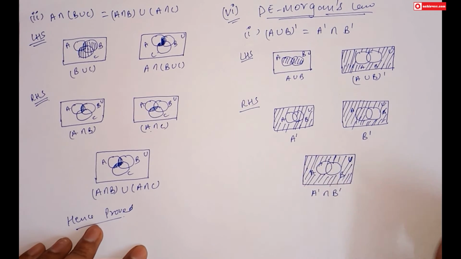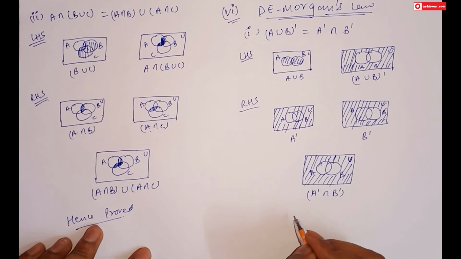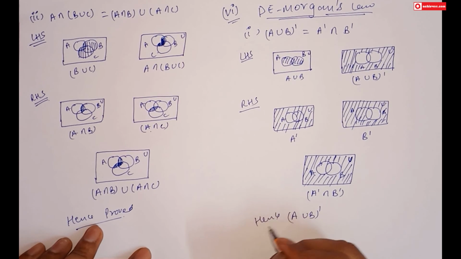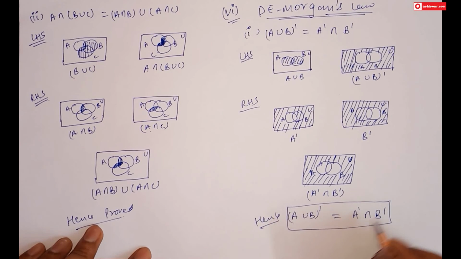And you can verify this, that the LHS and RHS are equal. Hence (A union B) complement is equal to A complement intersection B complement. Hence proved.